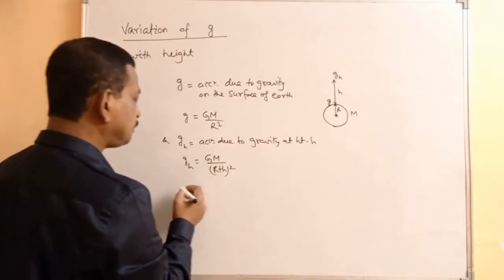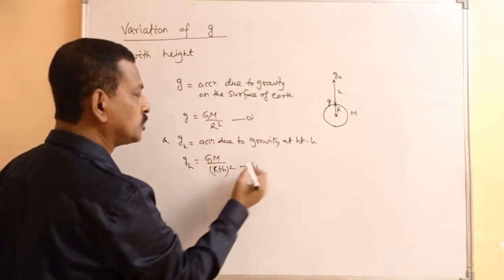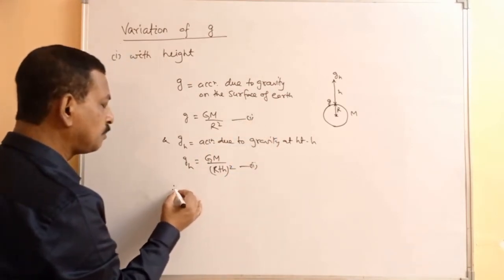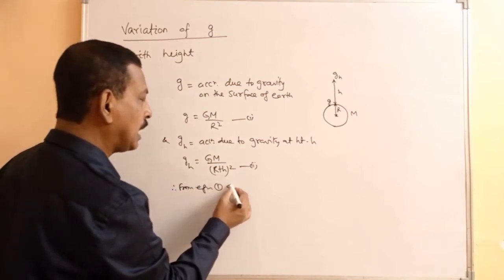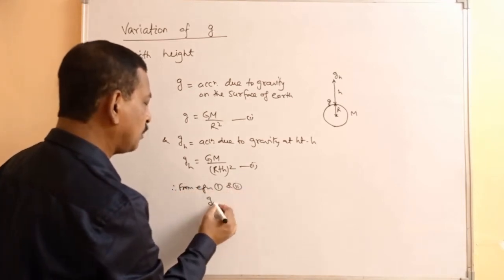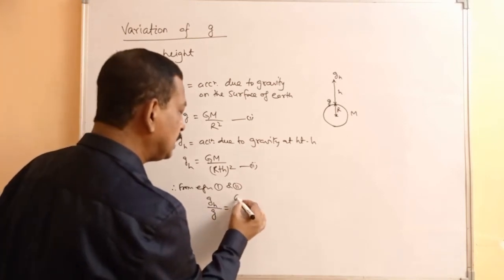Now, suppose I call this equation number 1 and this equation 2. So from equation 1 and 2, if I take gh by g, then how much will it be?